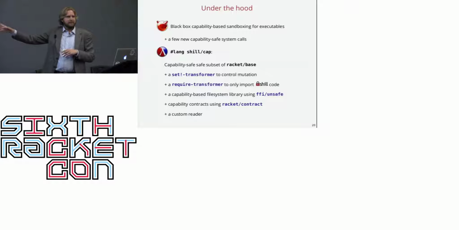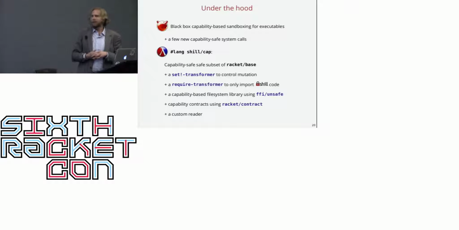And then we use the FFI unsafe, which lets you amazingly quickly write connections to libraries that implement the low-level details. And then finally we built the security contracts, which are a fairly straightforward adaptation of combinators that already exist in the Racket contract library.